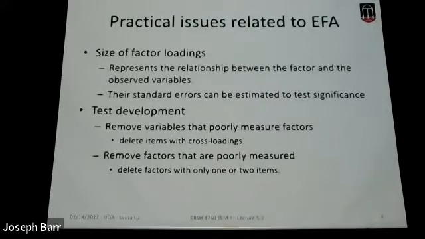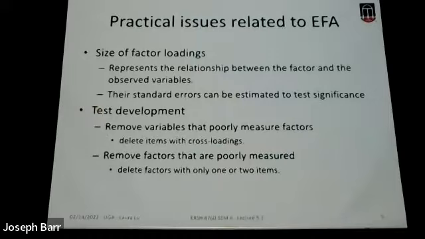Then let's look at the other issue, size of factor loadings. Factor loadings could be really large or really small, for example close to 0. That tells us the relationship between the factor and observed variables.